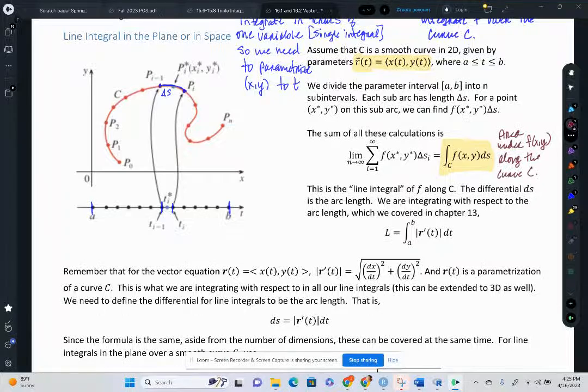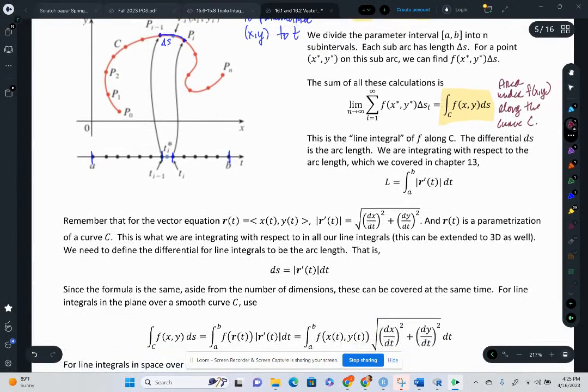It was also covered in Calc 2 as well, but probably much more readily available in your memory from Calc 3 in chapter 13. So arc length, we learned, was this integral right here. We denote it as L, and L is equal to the integral from a to b of the magnitude of the derivative of our vector function times dt.